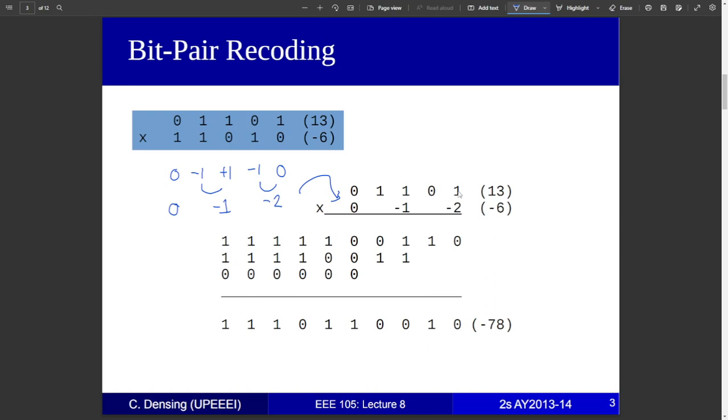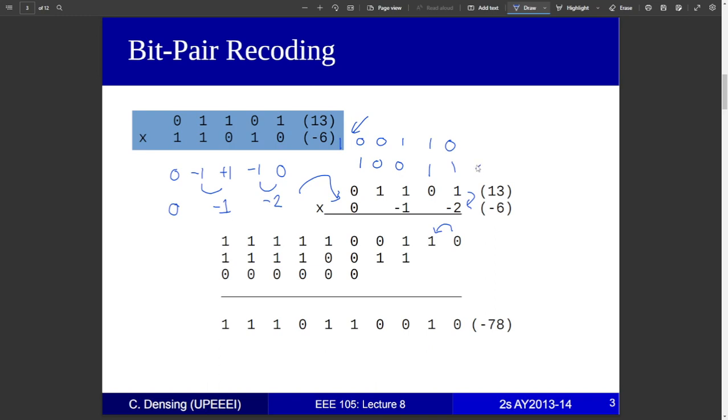And then to do the partial products, when you multiply by 2 in binary, you just shift by one place. So here you have 0, 1, 1, 0, 1. Now if you negate that, that becomes 1, 1, 0, 1, 1. And then times negative 2, that becomes 1, 0, 1, 1, 0, 0, 1, because it's shifted by 1.